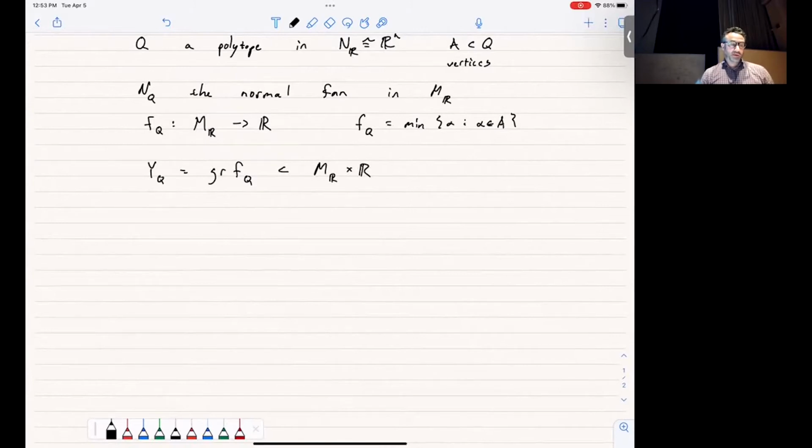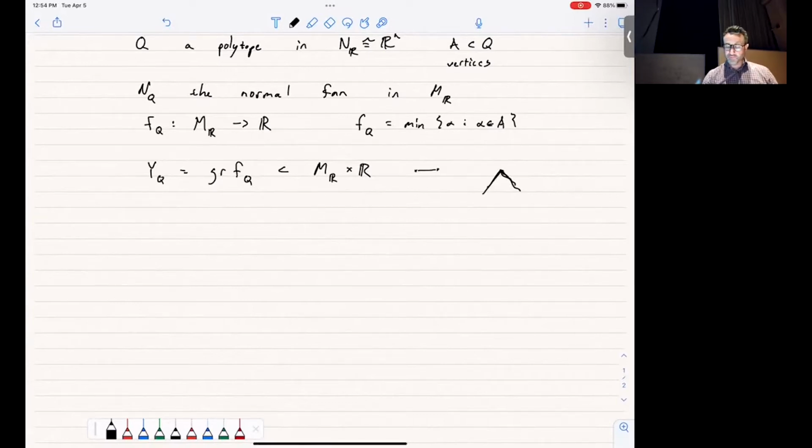All right. So I'll show some pictures in a moment, some sketches, but a simple example that we'll look at would just be to take an interval. Take something like this.